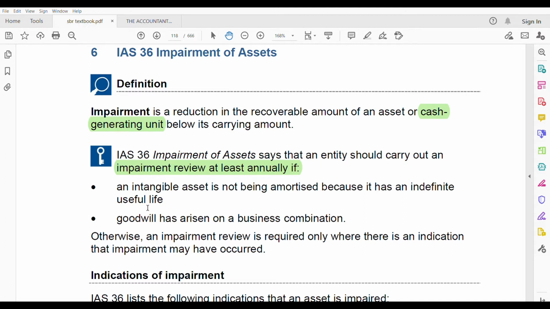If it has a finite life, we amortize it. Indefinite means we don't know the useful life. In that case we don't amortize it, but we check it for impairment annually.